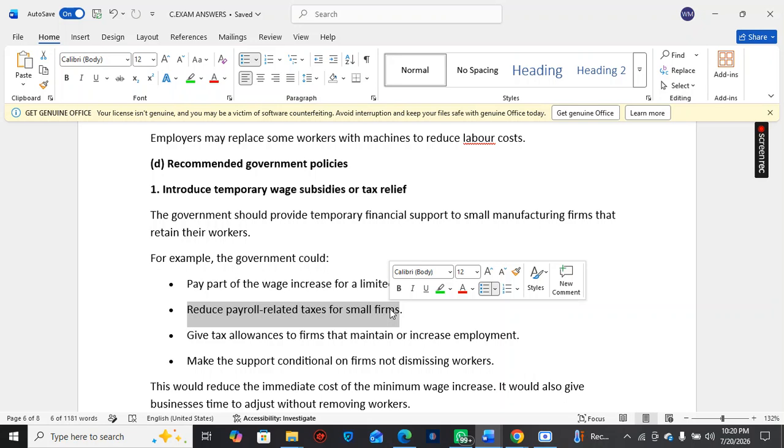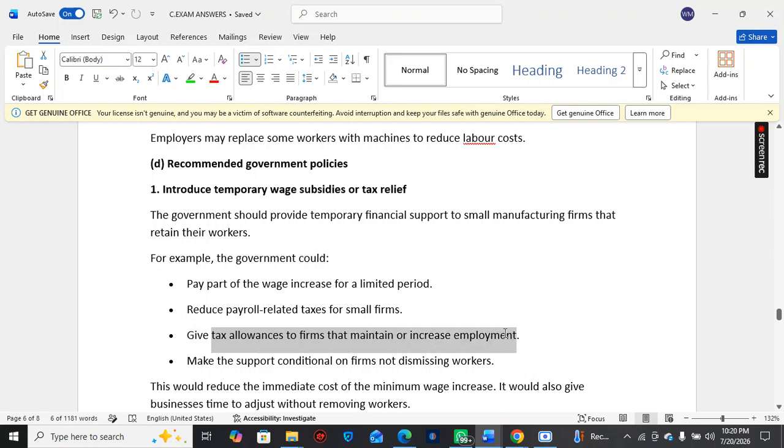Since the wage increment is increasing costs or expenses, the government can also find ways to mitigate those costs. Give tax allowances to firms that maintain or increase employment. Remember, tax is another big thing which firms wouldn't mind paying less of.